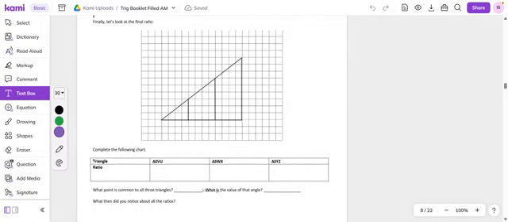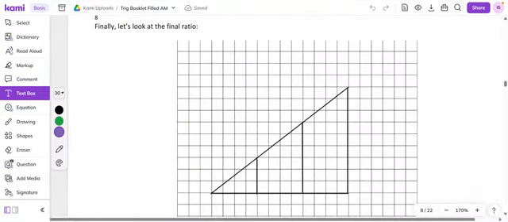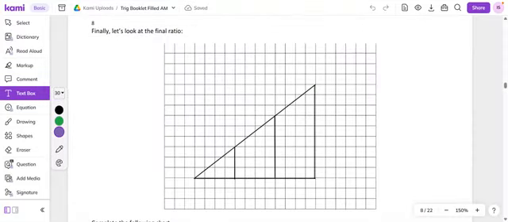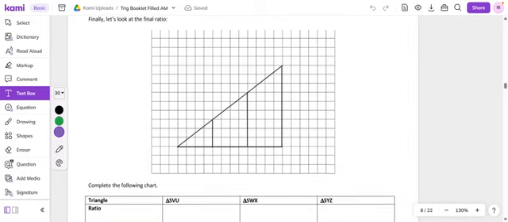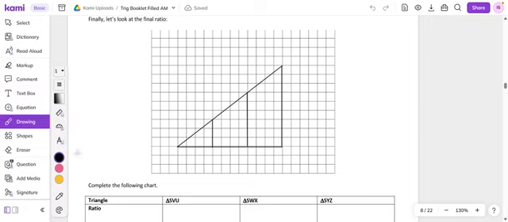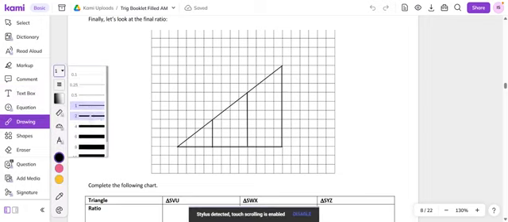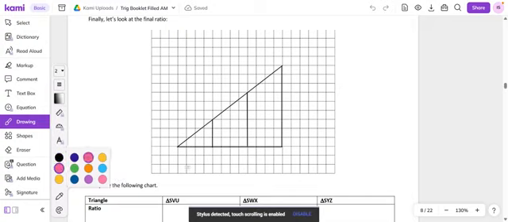Let's look at this final ratio. So we're on page 8. And let's relabel this triangle because it's been a weekend.